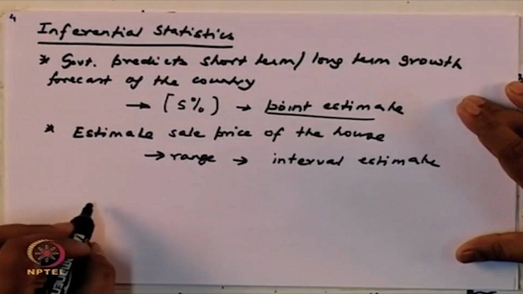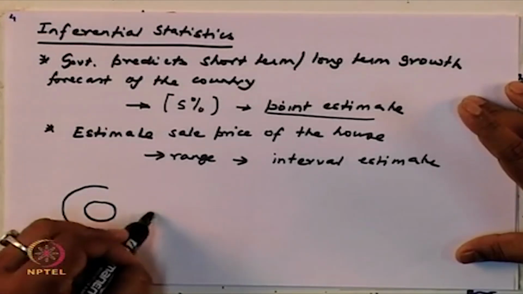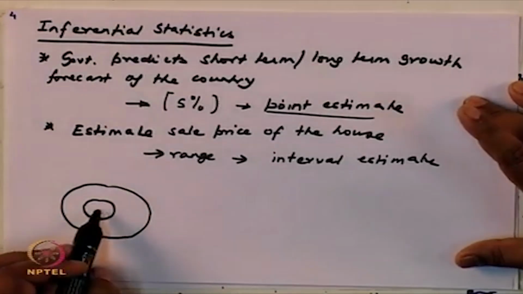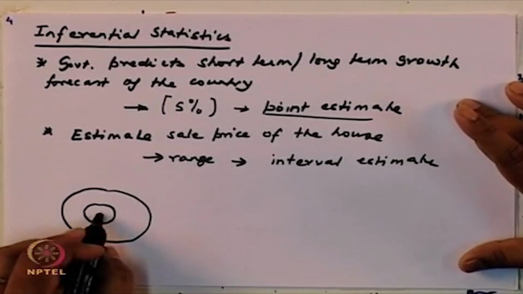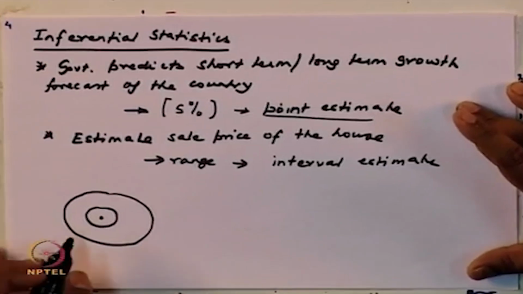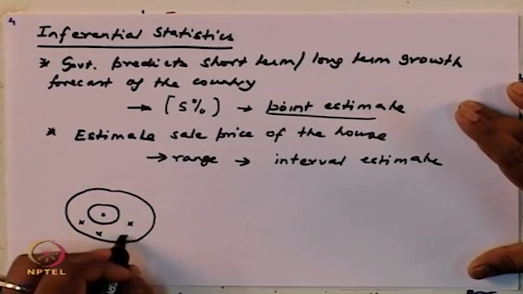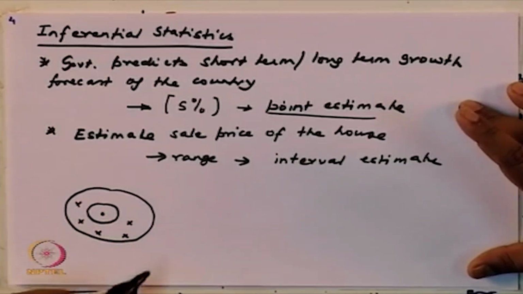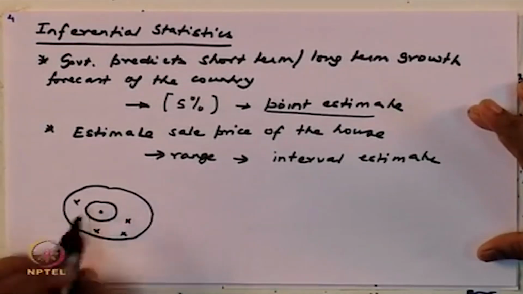Imagine you have a dartboard. This is the true value of what you want. You want to hit the bullseye or the center point, but when you get the sample data, or you hit the board many times, let us say you are repeatedly throwing, this is how you are getting your points. So these are estimates of the bullseye.